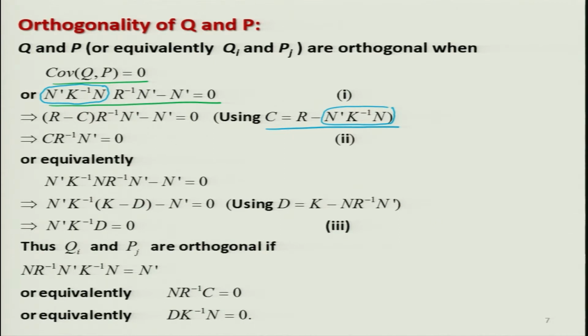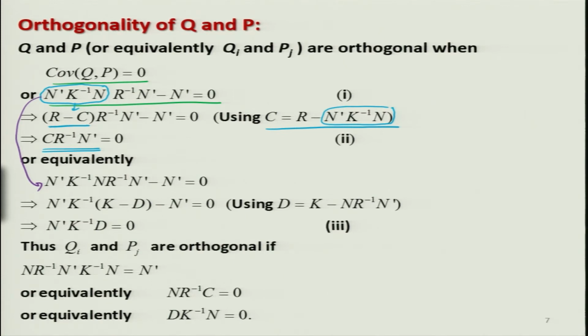So, now if you try to replace this quantity by R minus C and then simplify it, we get this condition: C into R inverse N transpose is equal to a null matrix, right. And alternatively, we can solve this equation like this. Suppose we consider this term once again.